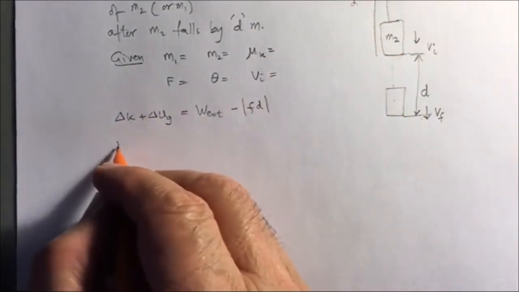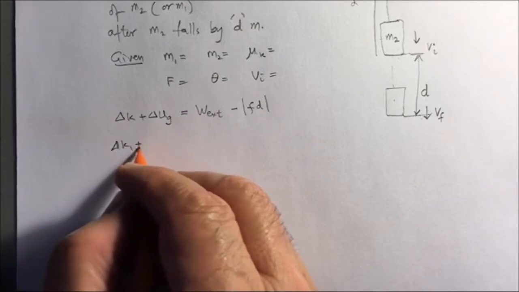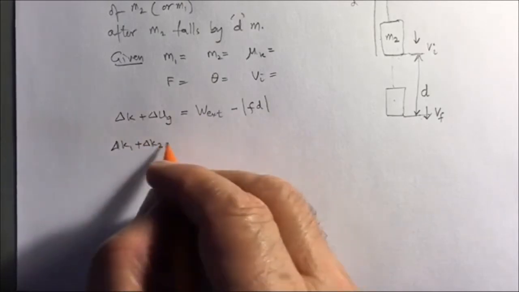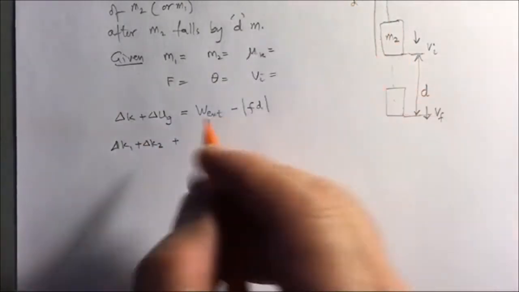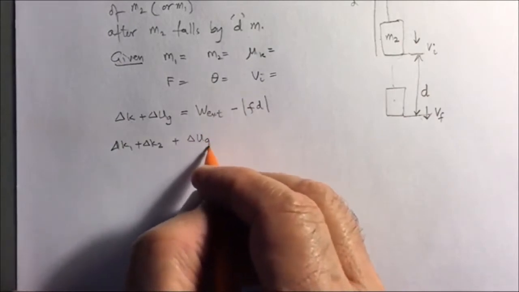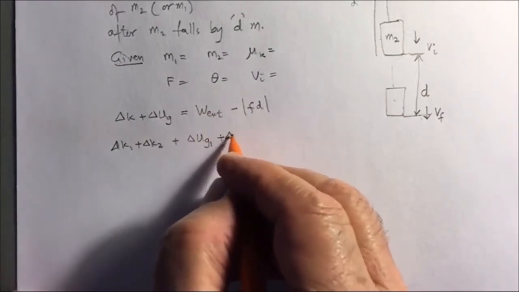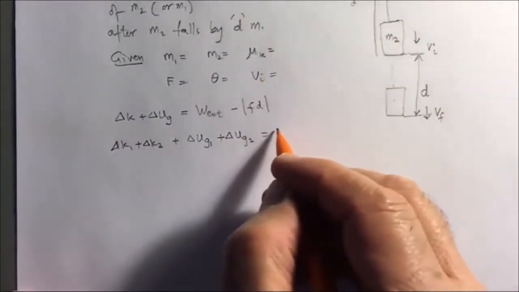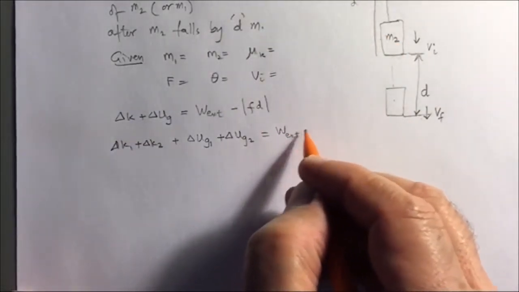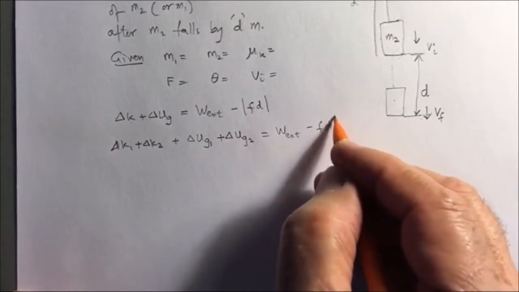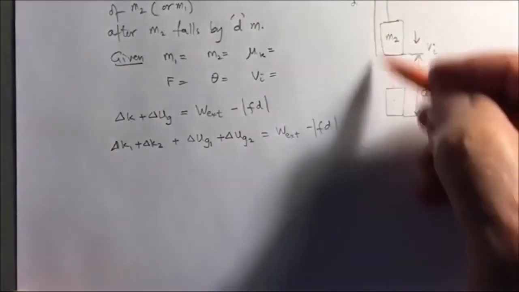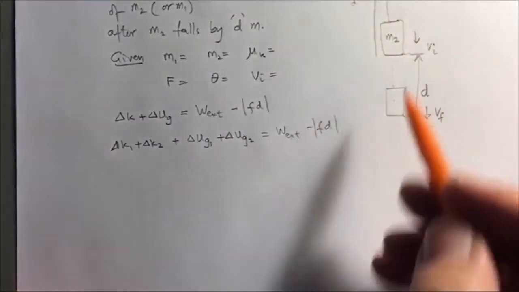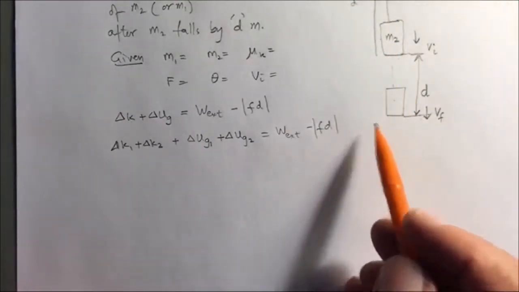So we should rewrite this as delta K1, delta K2, and then delta UG1 and delta UG2. There's only one external force, so only one external work, and one friction, because there's no friction over here. Only friction is here.